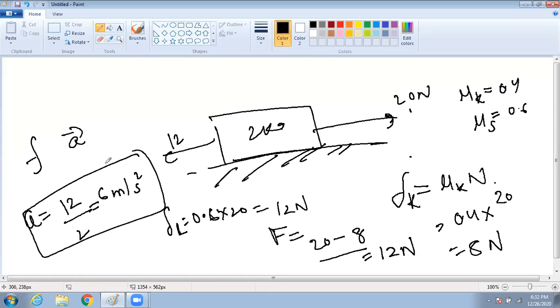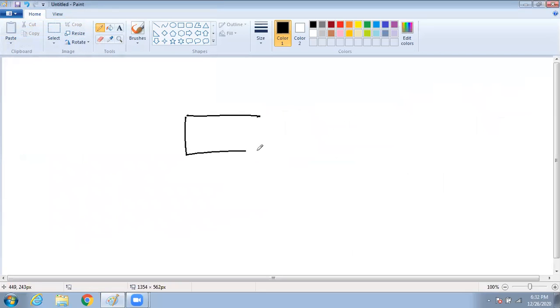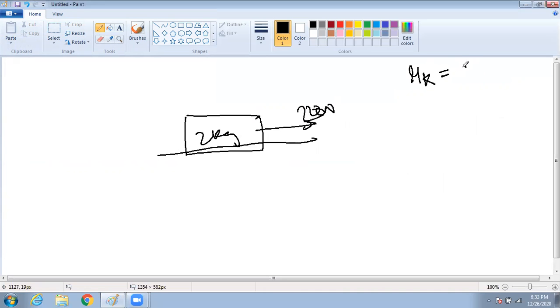Clear? Who didn't understand? Tell me, I'll explain again. Sir, please explain the last part. See, static friction will tell us whether the body will move or not. So this is 2 kg. You are applying 20 Newton force in this direction, and your mu k given is 0.4 and your mu s is 0.6.